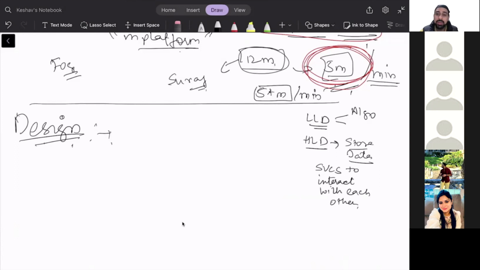Of course there can be thousands of trains stopping at the station across the day, but at a given instant there would be n or m trains stopping in that station. That's where they keep extending the platforms to improve the load on that particular station.